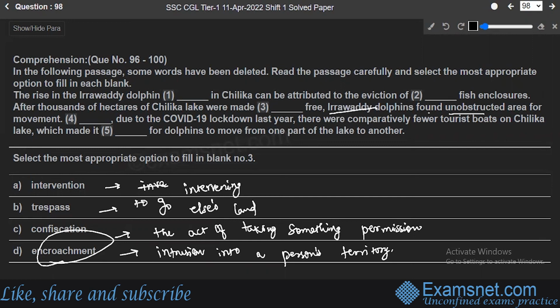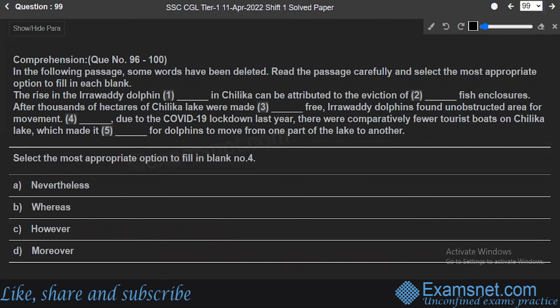Now let's move to the next question, 99. So now you have to tell me what will come in the blank four. Dash, due to COVID-19 lockdown last year, there were comparatively fewer tourist boats on Chilika Lake. So is it nevertheless, whereas, however, moreover? Which will be the correct answer?